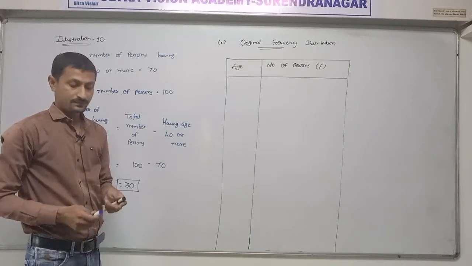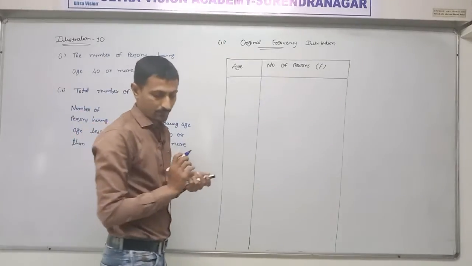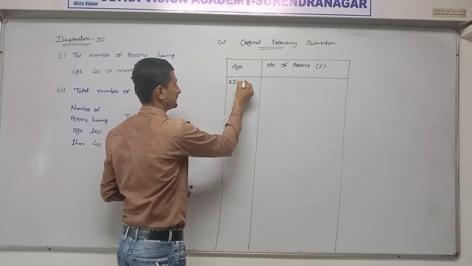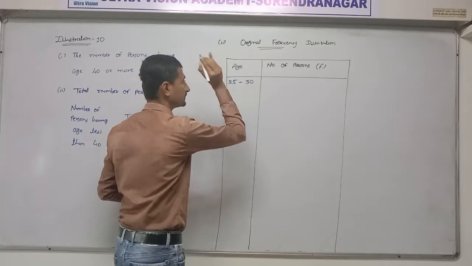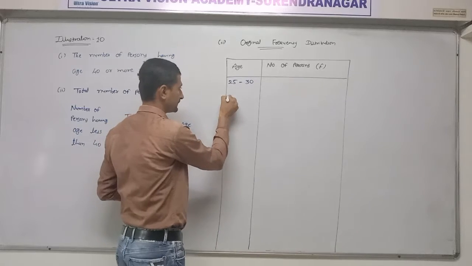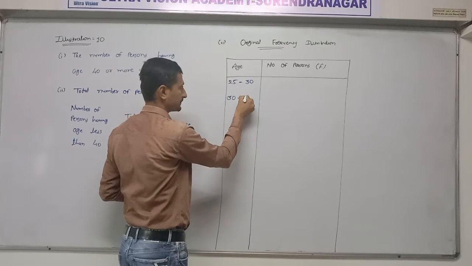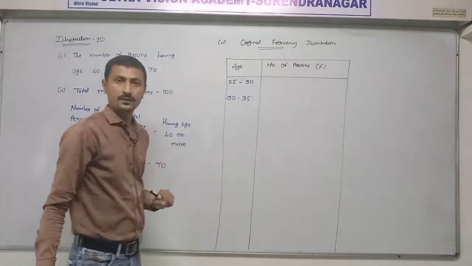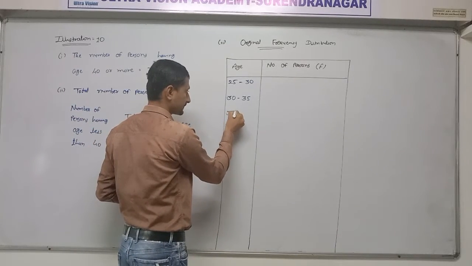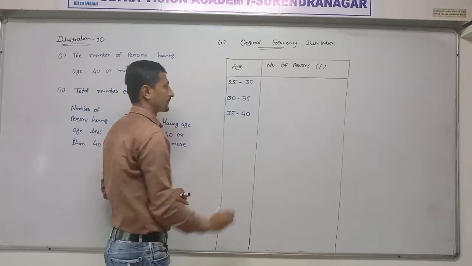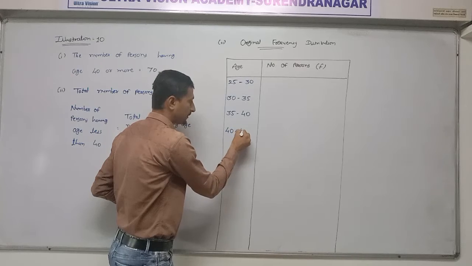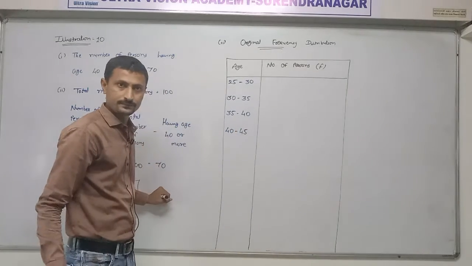So our first class is 25 to 30. Next class 30 to 35. Next 35 to 40. Next 40 to 45.